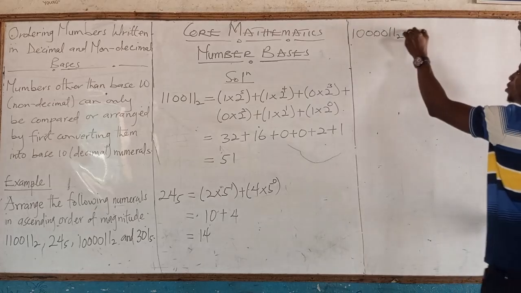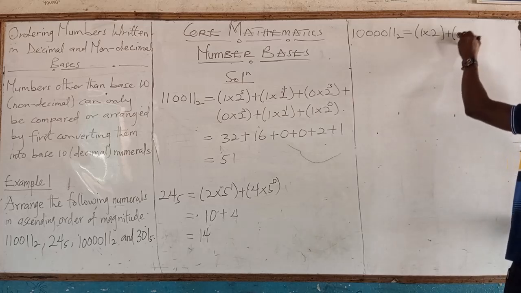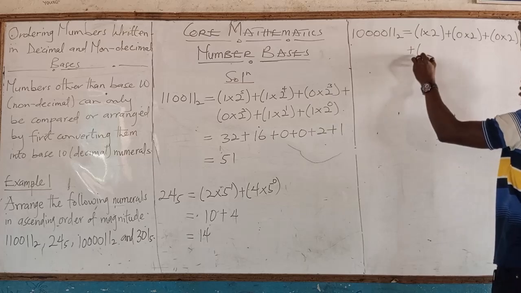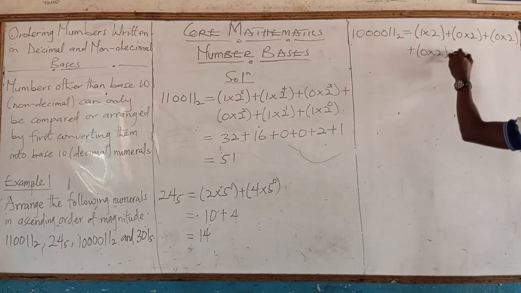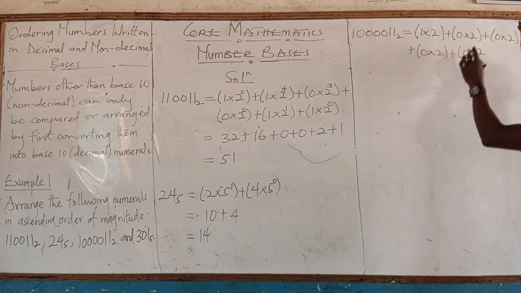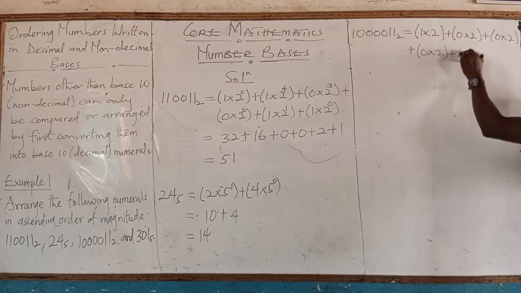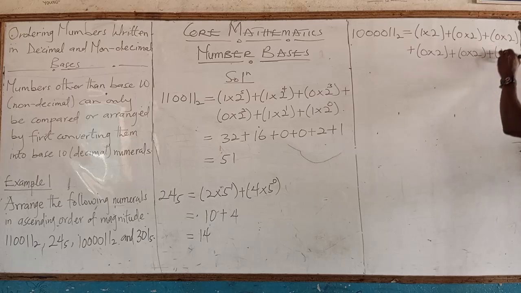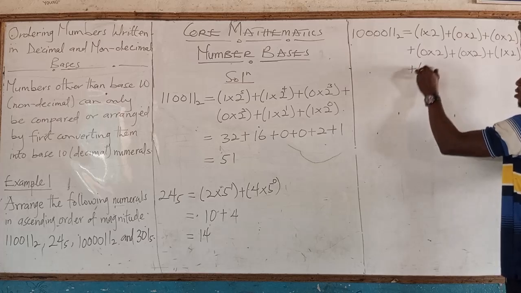And that one too is equal to 1 times 2 plus 0 times 2 plus 0 times 2 plus another 0 times 2 plus how many 0? 1, 2, 3, we are 4. 0 times 2 plus 0 times 2 plus I have 1 times 2, then lastly plus 1 times 2.